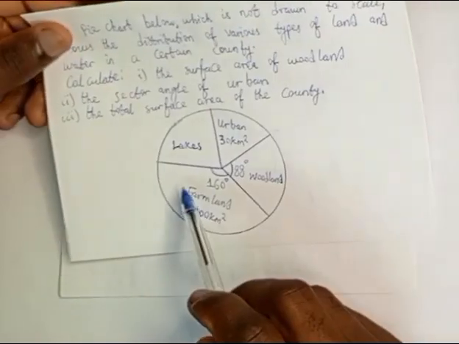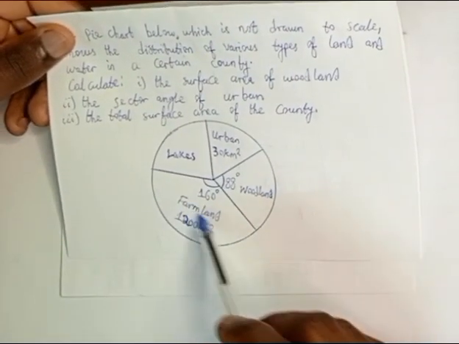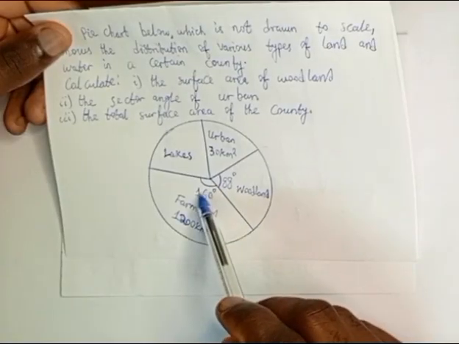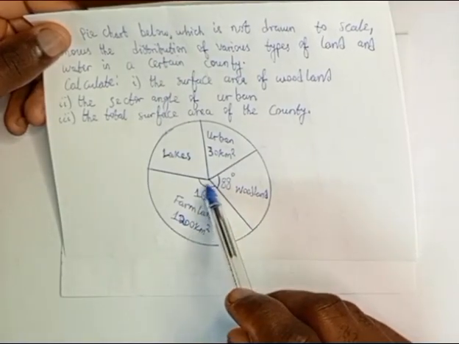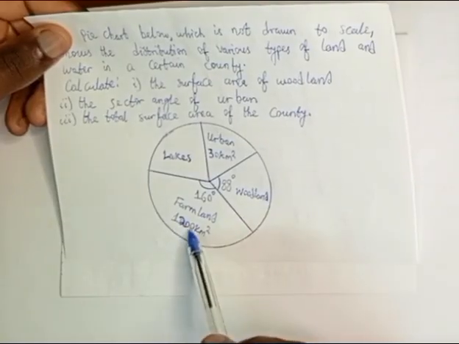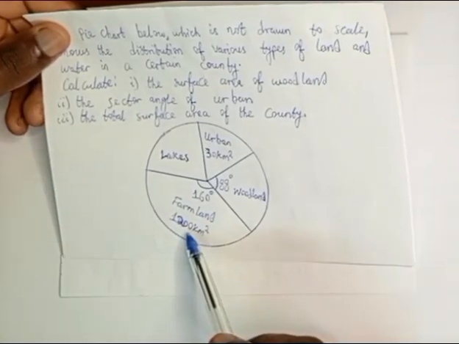From the pie chart, for farmland, you see it has a sector angle of 160 degrees, which corresponds to an area of 1,200 kilometers squared. We write this down.